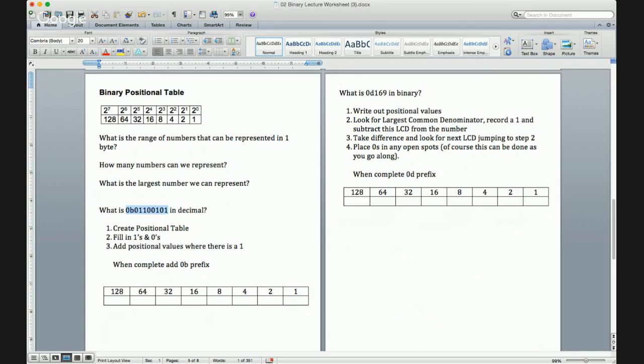We have to denote the base to interpret the value. So I create the positional table, and there's no reason that you have to put 2 to the 0, 2 to the 1, 2 to the second. All you need to do is put out the powers of 2: 1, 2, 4, 8, 16, 32, 64, 128. I fill in the 1s and 0s.